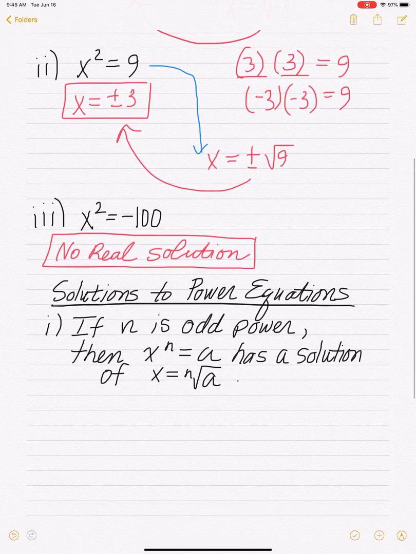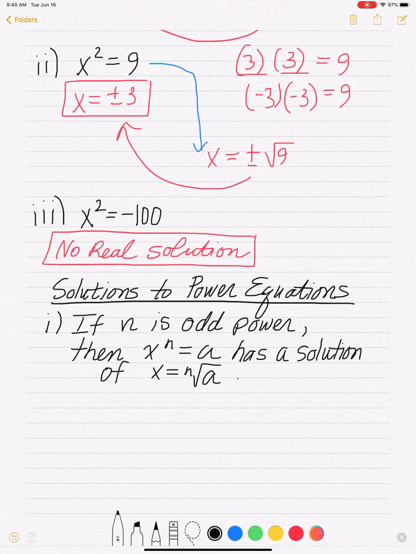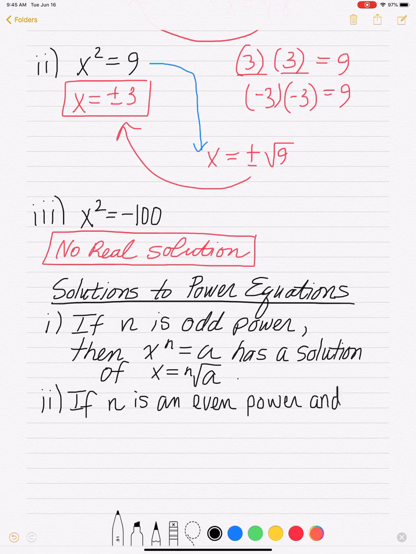All right, a second situation that can show up. Number two, if n is an even power, and a is positive, capital A, positive, then the power equation x to the n equals a has solutions.